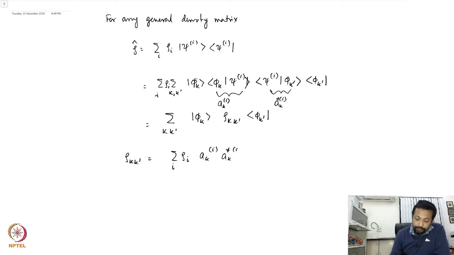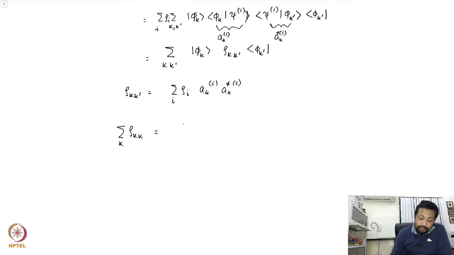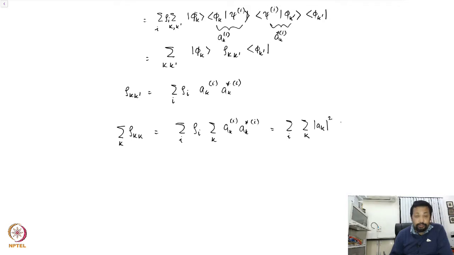a k prime star I. If you now take this quantity, rho k k, the trace, the sum over the diagonal elements, then you will see that this is going to be the sum over I of rho I, sum over k, a k I a k star I, which is the sum over I of rho I, sum over k mod a k squared, which is the sum over I of rho I, and this is equal to unity, right?